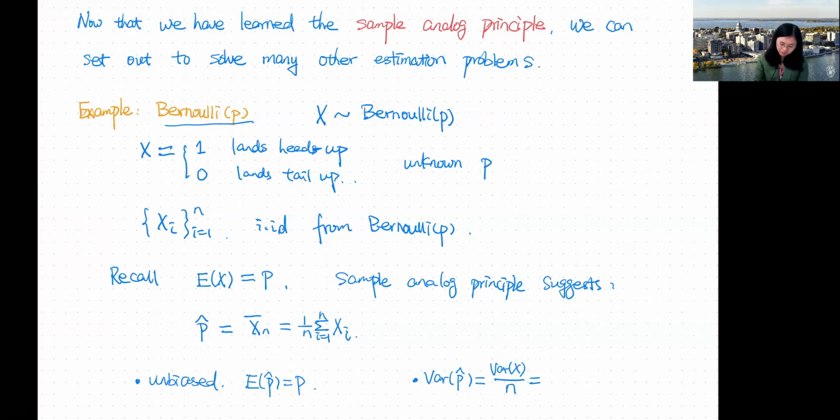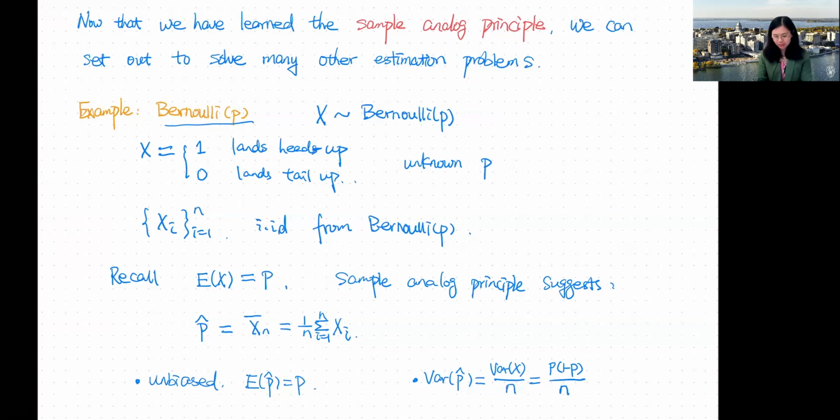For Bernoulli distribution, the variance equals p times 1 minus p. So that's p times 1 minus p divided by n. This is the variance of your estimator for the probability that the coin lands head up.